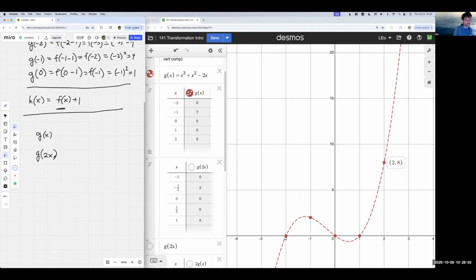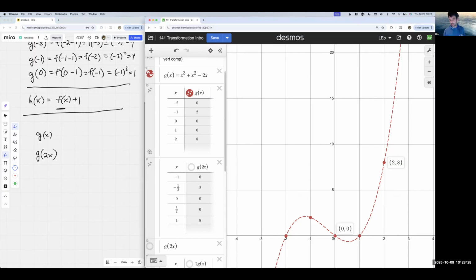This new function, g of 2x, is saying take an input, double it, then cube that, square that, and multiply that by -2 and add those 3 things together. So it still does all that stuff that g did, but it just has this additional first step of doubling the input, right?